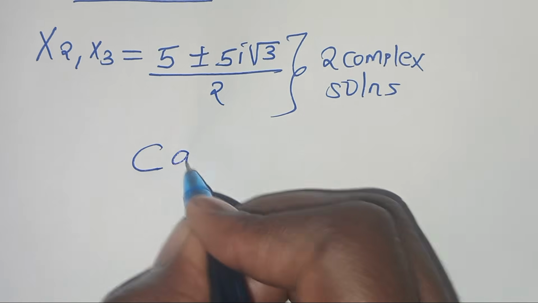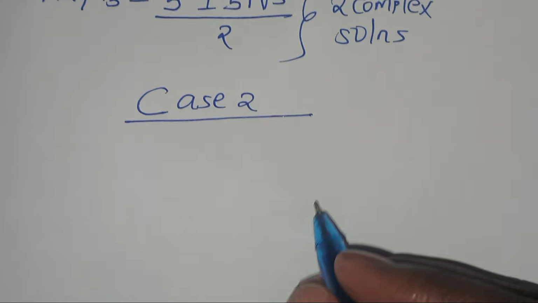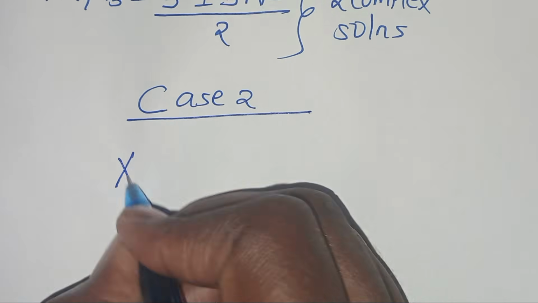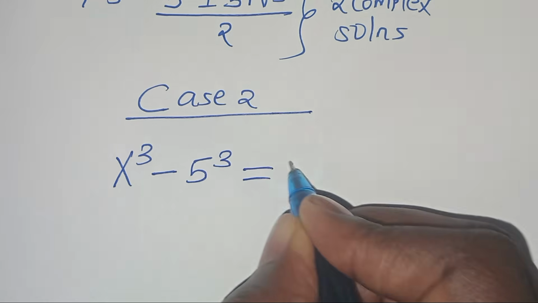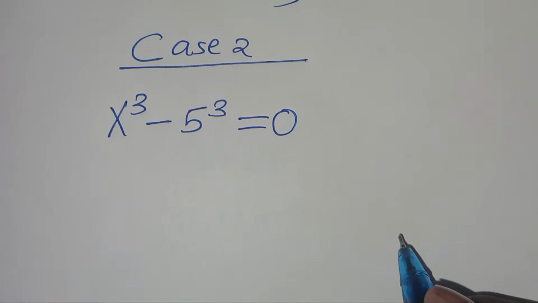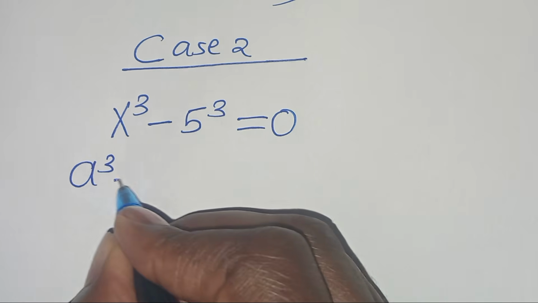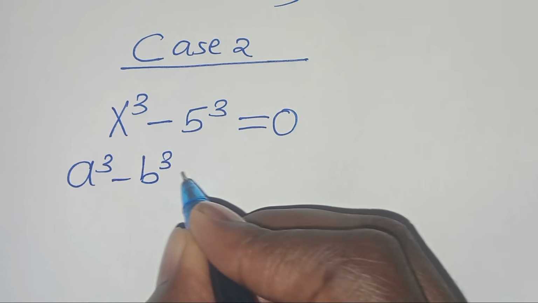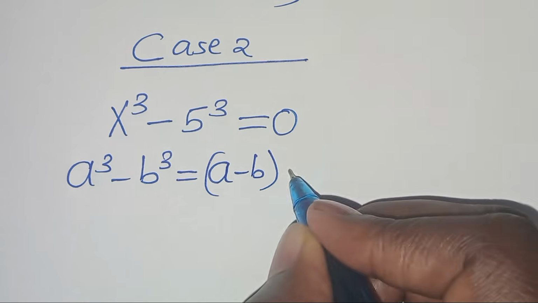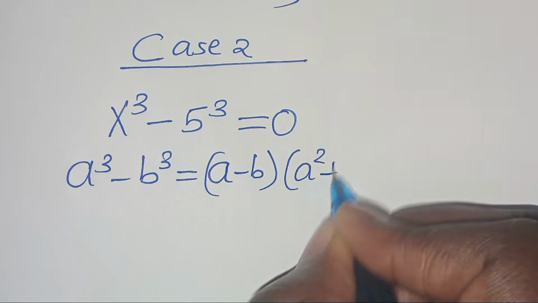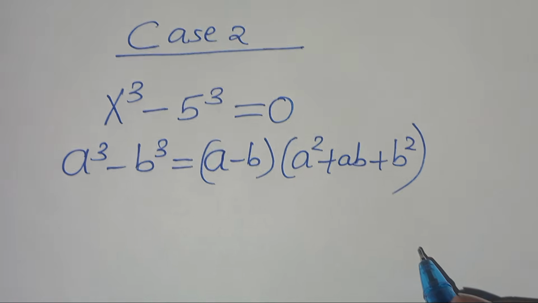So let's proceed to case 2. In case 2, we have x to the power of 3 subtract 5 to the power of 3 equal to 0. This is the difference of two cubes expressed as a to the power of 3 minus b to the power of 3, which we can express as a subtract b, a to the power of 2 plus ab plus b to the power of 2.